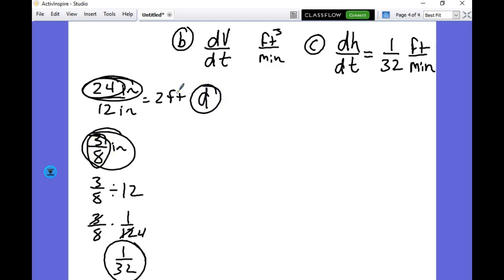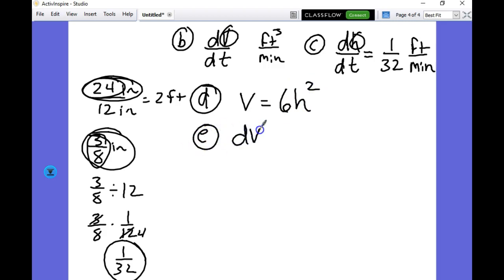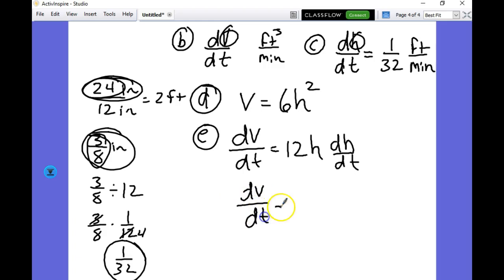There you go. Part D, we're going to use the same formula. We're still relating volume to height, so I'm still going to say volume is equal to 6h squared. The derivative will remain the same. dV/dt is equal to 12h dH/dt. On this one, I don't know dV/dt, but I do know h.